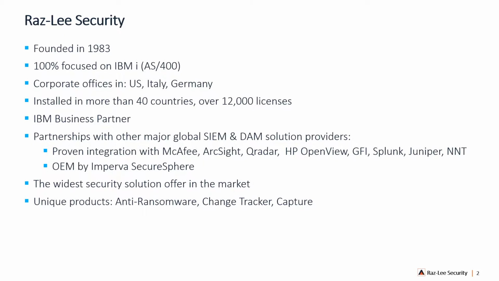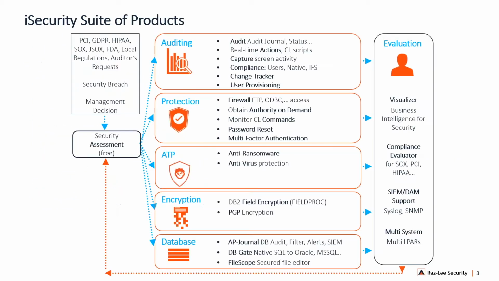We have a product named Capture, which will automatically take pictures of every 5250 screen that is being observed, or its emulation screen, and allow you to do a playback later. This is something like a surveillance camera for the 5250 and its emulations. This is our offering of products.